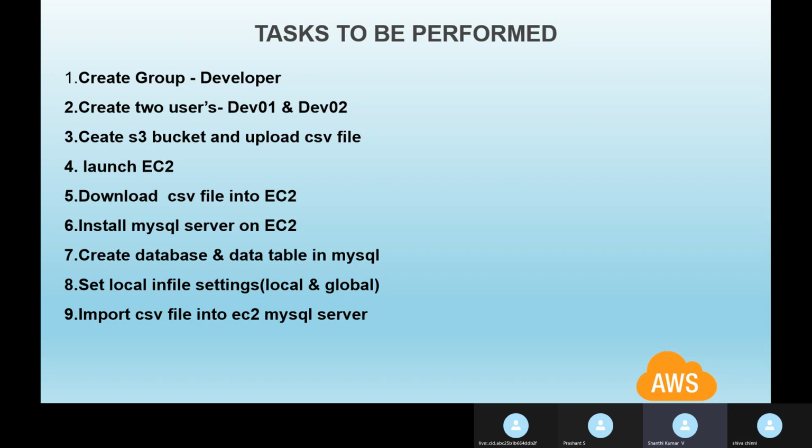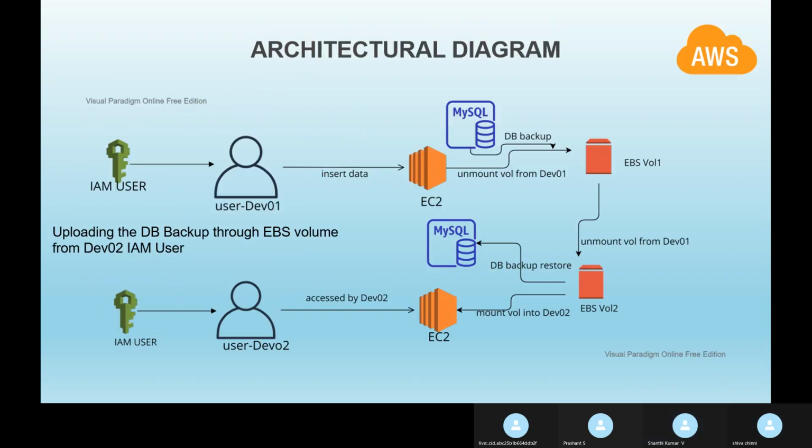Can you explain the second diagram? Yes. Basically our requirement is, if one developer has the user data, it needs to be shared to the other developer through an EBS volume. So first we insert data into the EC2, and from EC2 we take a MySQL DB backup and store the data on an EBS volume.